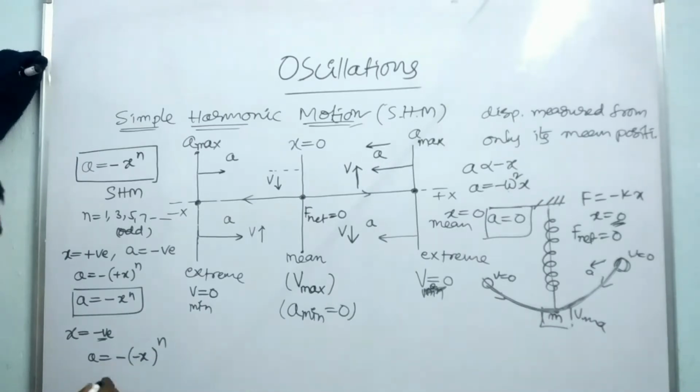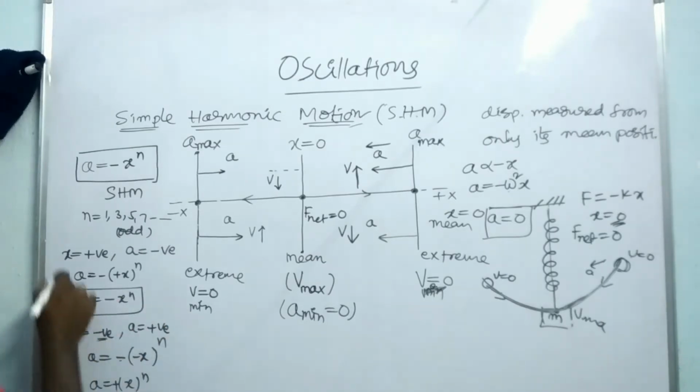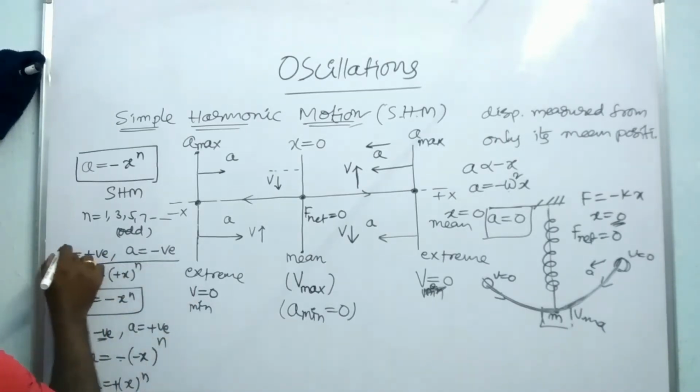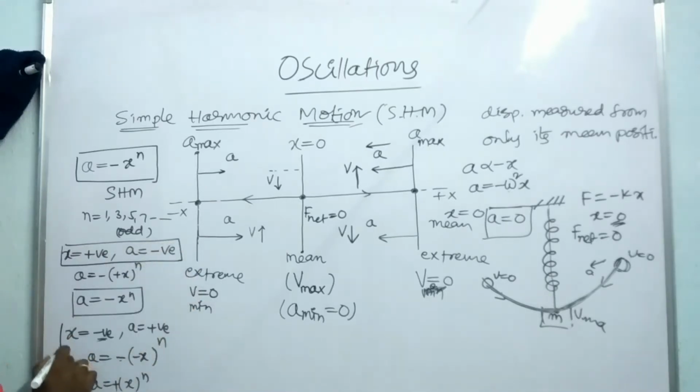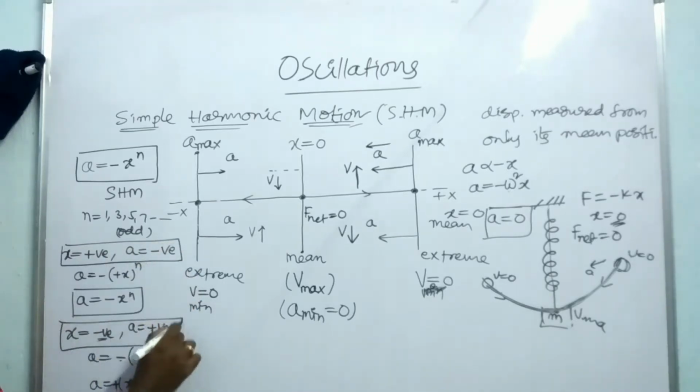Then negative into negative is positive. So a is equal to positive. It means that if x is positive, a is negative. If x is negative, a is positive.